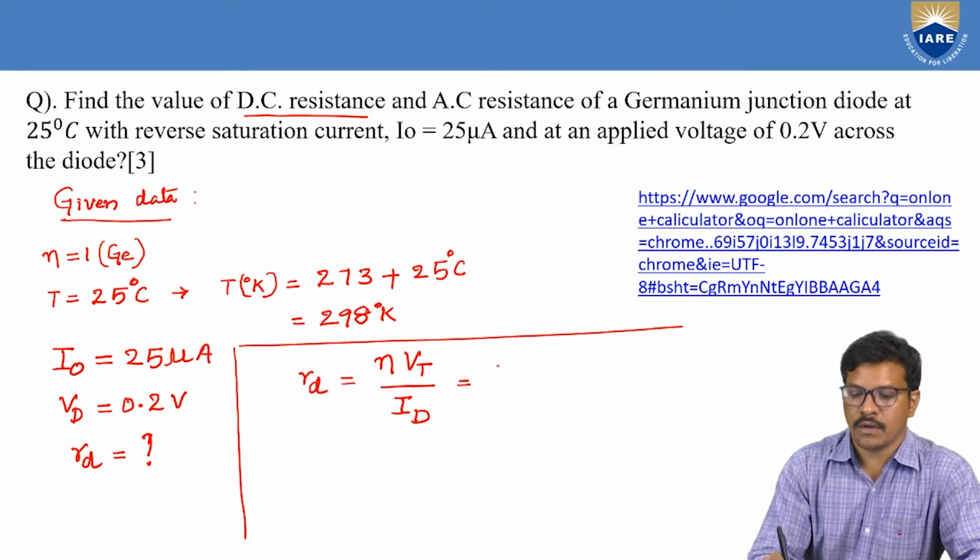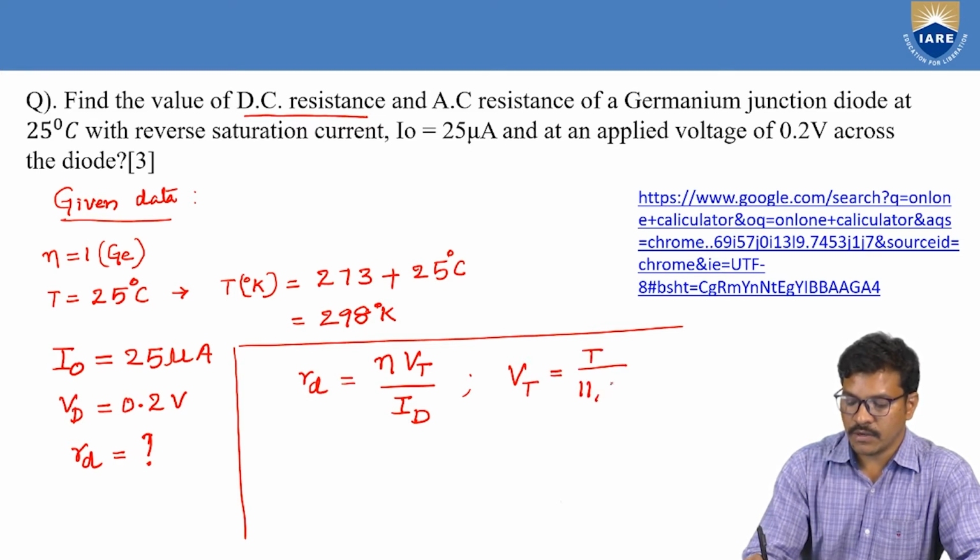Eta is equal to 1. We don't know Vt, but we have T, so first we need to find Vt separately. Vt is equal to T by 11,600.